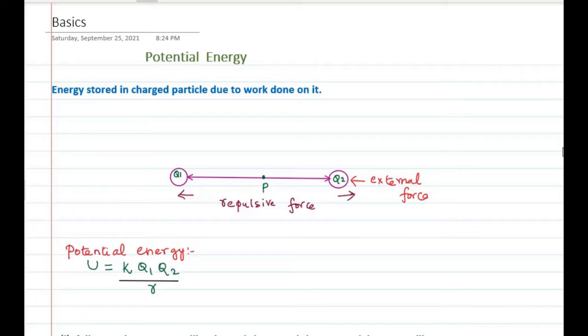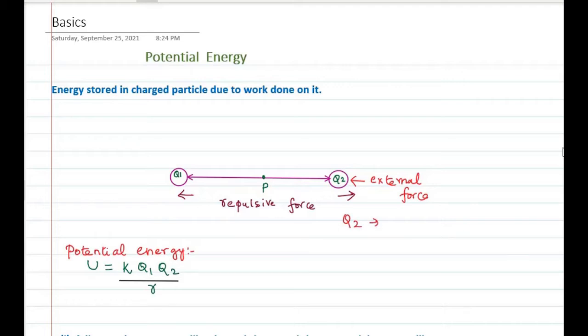So you're doing the work against the electric field and that work done will be stored as energy in the charge. We are applying external force to Q2 and moving it towards P. Q1 and Q2 are repulsive in nature, but when you move against the repulsive force, the work done on Q2 to bring it towards P will be stored as energy.